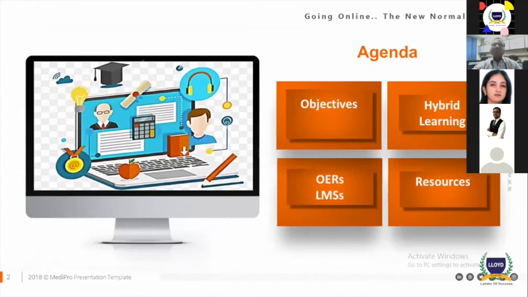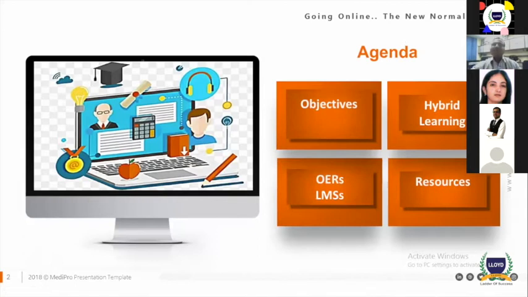The agenda for this present discussion will be learning objectives. I am sure that within these last 3-4 days, at least someone must have talked about learning objectives. Then I'll tell you about some developments in the field of hybrid learning.